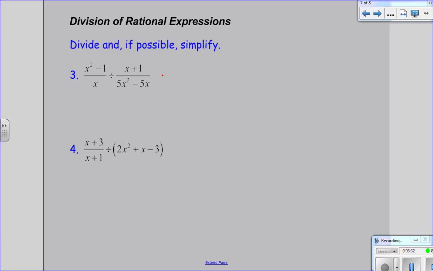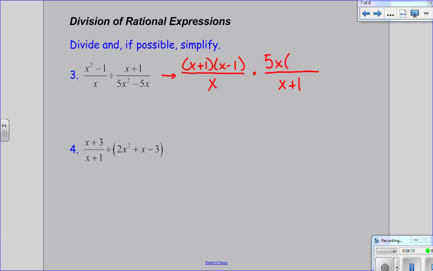Let's rewrite our division problem as a multiplication problem, and to save some time, I'm going to factor at the same time. So x squared minus 1 is x plus 1 times x minus 1, and my denominator stays as x. Then I change my division to multiplication, and then I rewrite my second fraction as x plus 1 goes in the denominator, and the numerator I factor out my GCF of 5, which leaves me with 5x.